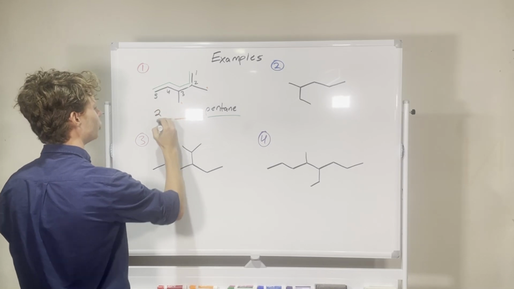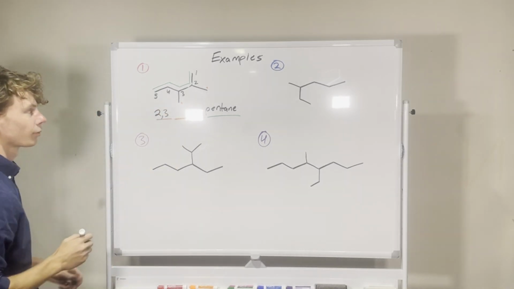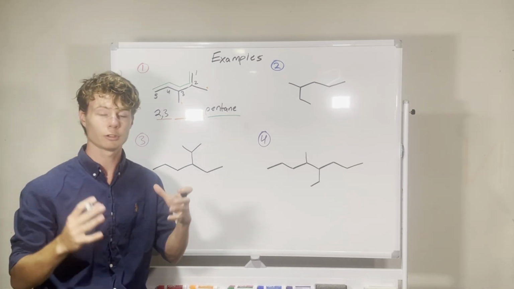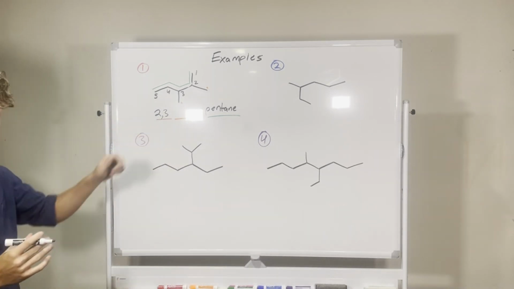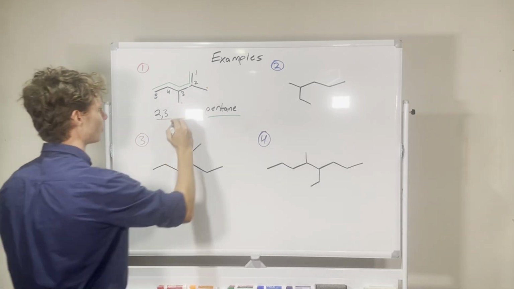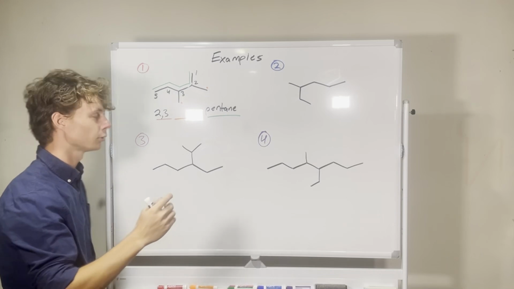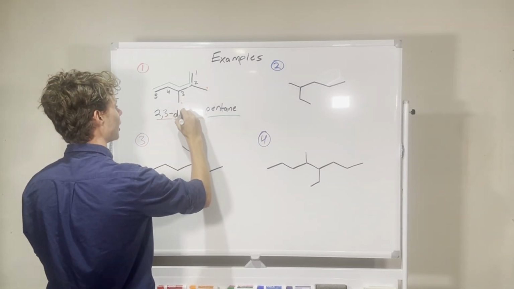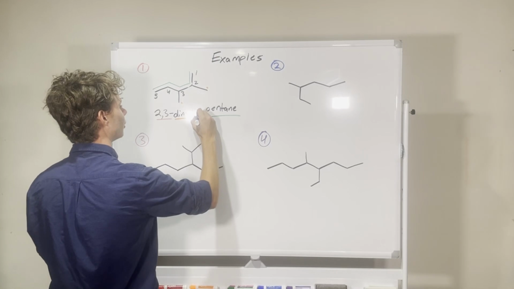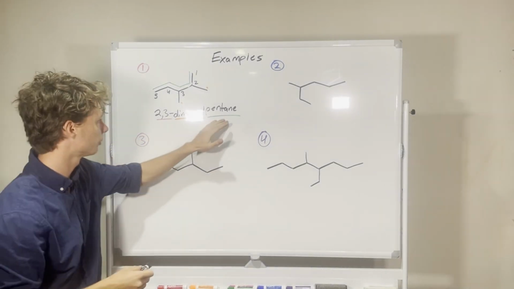I'm going to have 2, 3, signifying that these substituents, the same type of substituent, that's important, are in positions 2 and 3. And because I have 2 methyl groups, I'm going to say this is 2,3-dimethylpentane. And that will be the name of this compound.